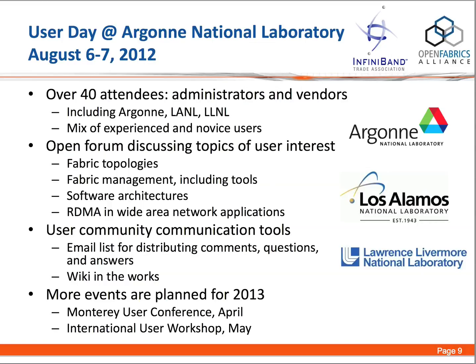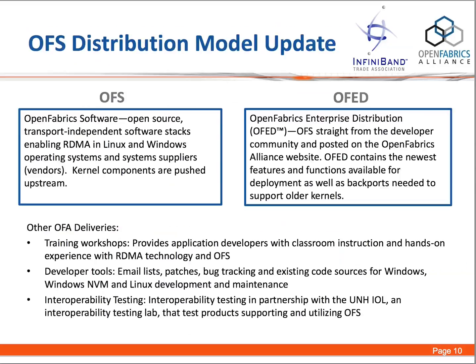The next exciting thing to go over is on slide 10, which goes over the OFS distribution model. The Open Fabrics Alliance made a decision based on the developer workshop to try to work more closely with the Linux kernel folks.